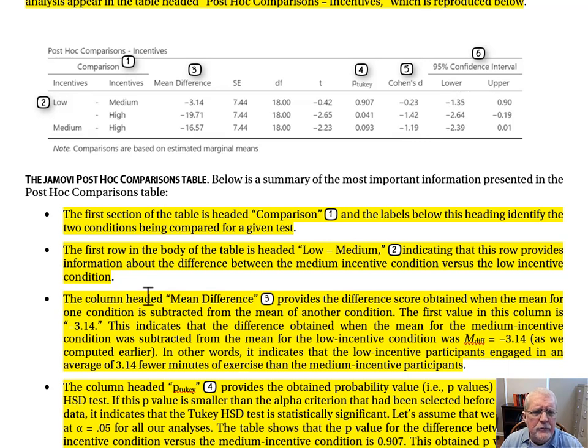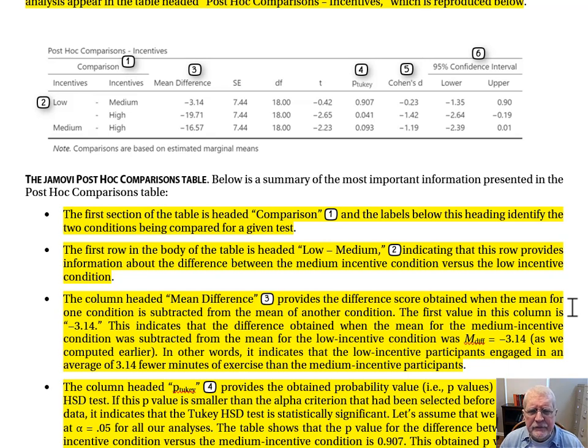Okay, we come to the column headed mean difference with my call-out number 3. The column headed mean difference provides the difference score obtained when the mean for one condition is subtracted from the mean for the other condition. First value in this column is negative 3.14.